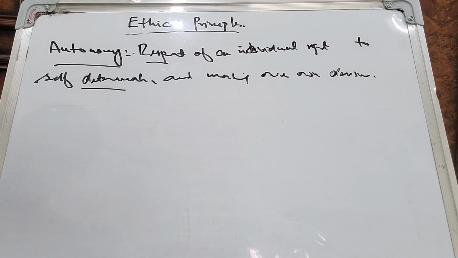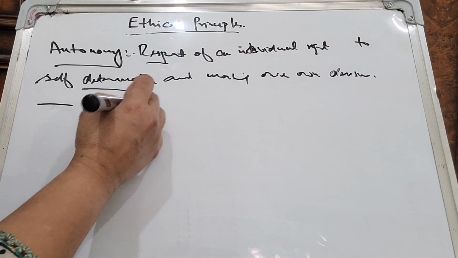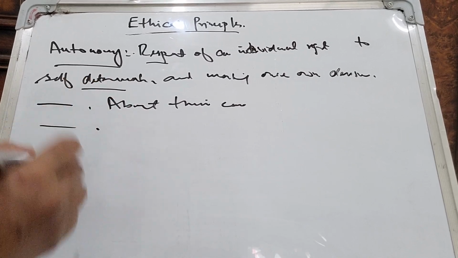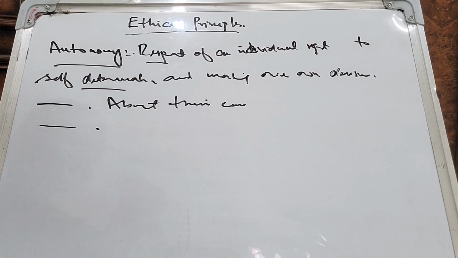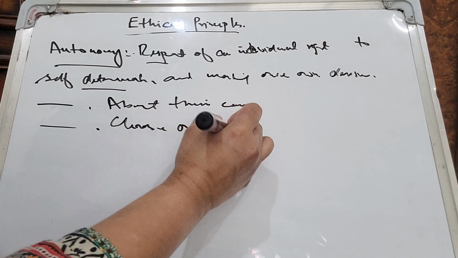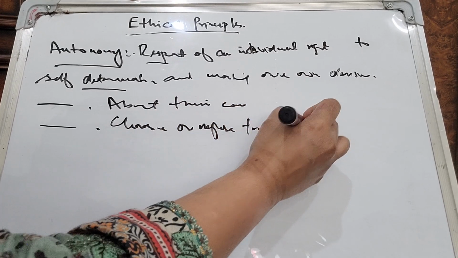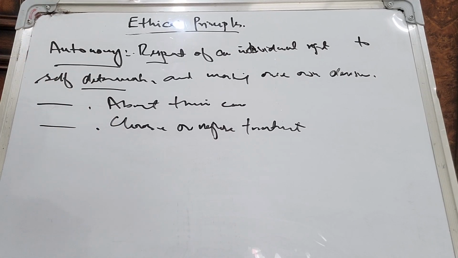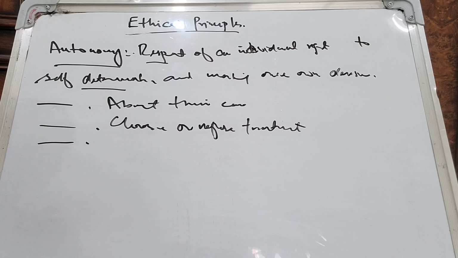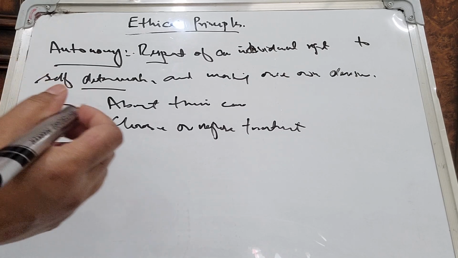For example, which type of decisions? Make informed decisions about their care, choose or refuse treatment. The patient has the right to choose the care and refuse the treatment, and control their own body and health.